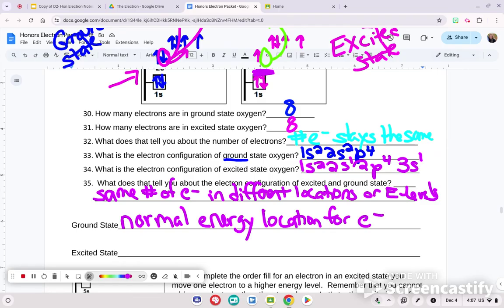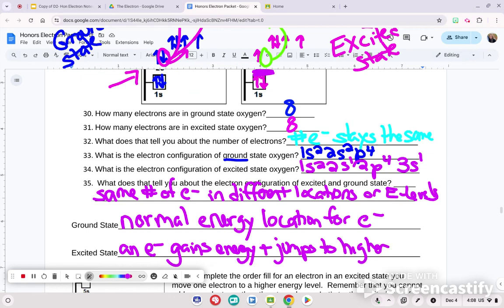And then when we talk about the excited state, that's when an electron gains energy and it jumps to a higher energy level. I'm going to say E level, higher energy level. So those are the vocabulary words for it.